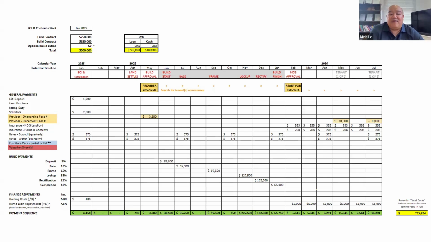I reckon if you add another 2.5, 3 grand a month of ongoing payments during the interest only period of the loan, there's probably another 25, 30 grand extra. So about 745,000 is the potential total costs before even income coming in. So 745, 750 compared to the 650 contract price for the build.